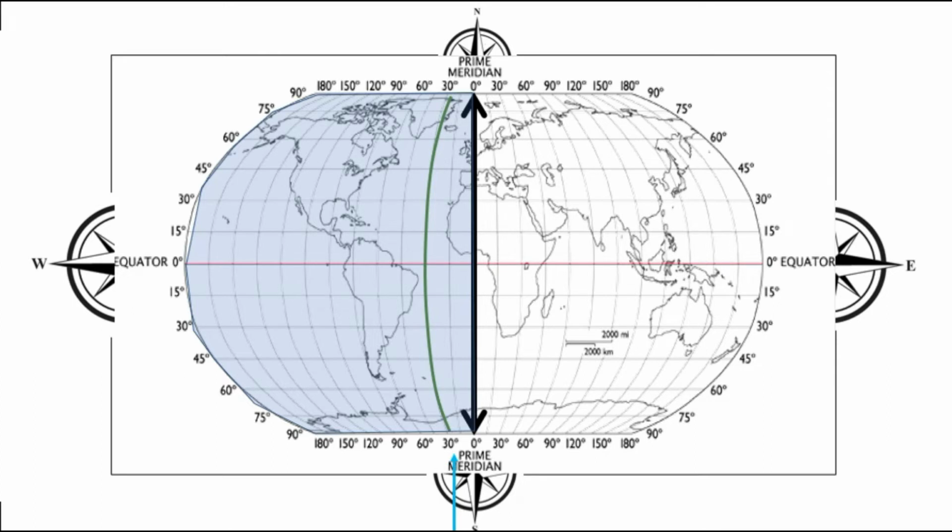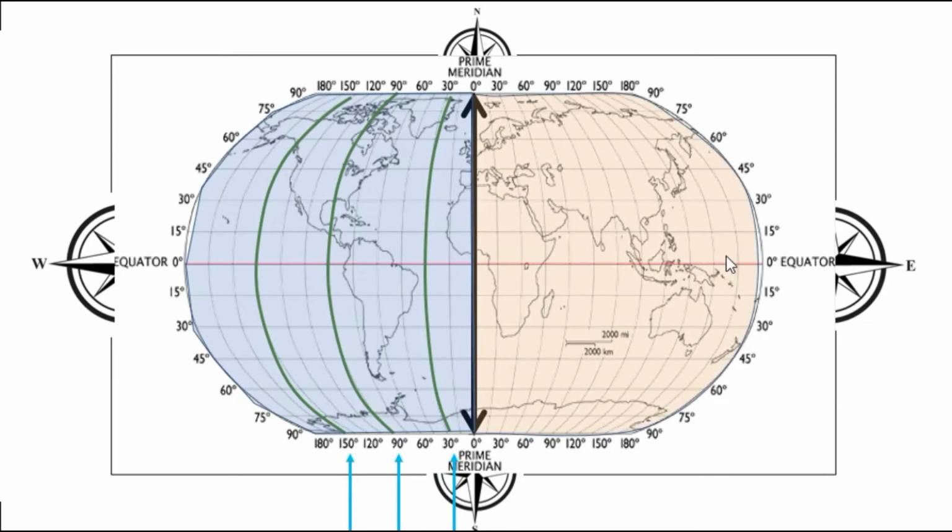That's it. This entire longitude line is called 90 degrees west. This line, because you can see it's 150 degrees to 150 degrees, is called 150 degrees west. That's the name of that line.